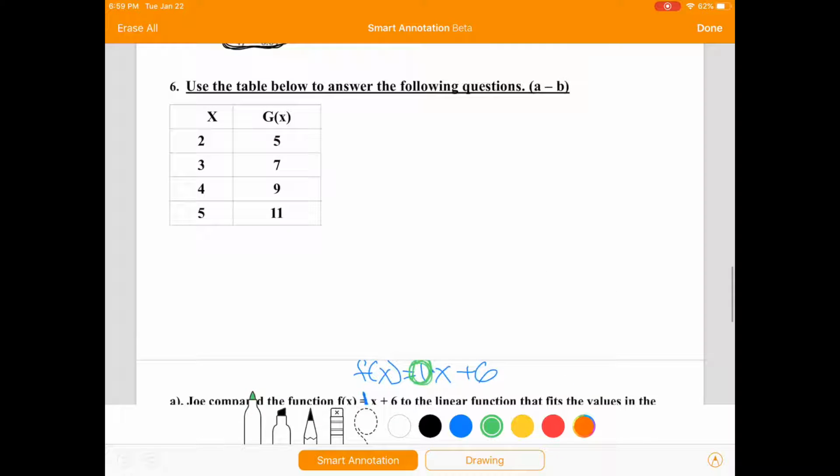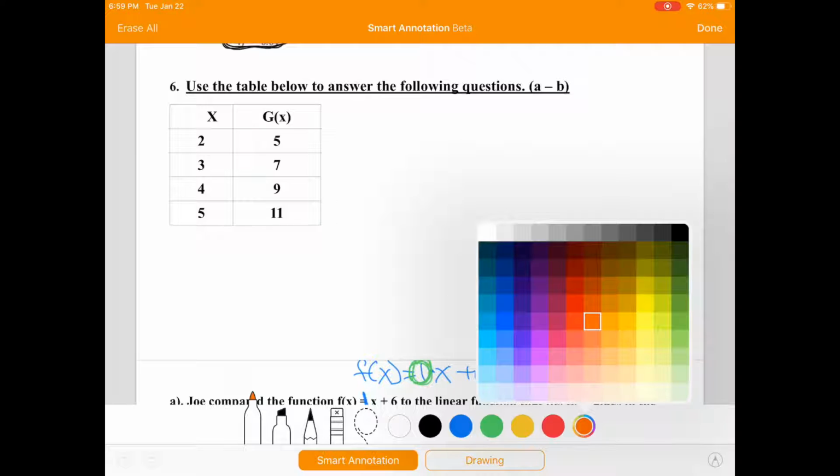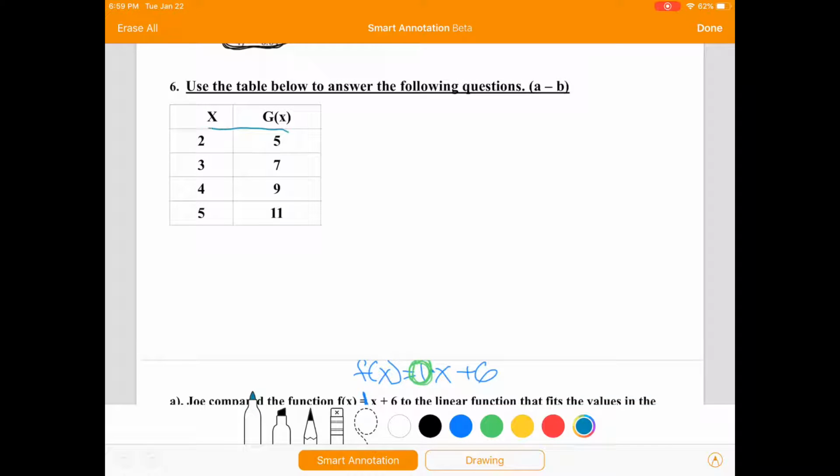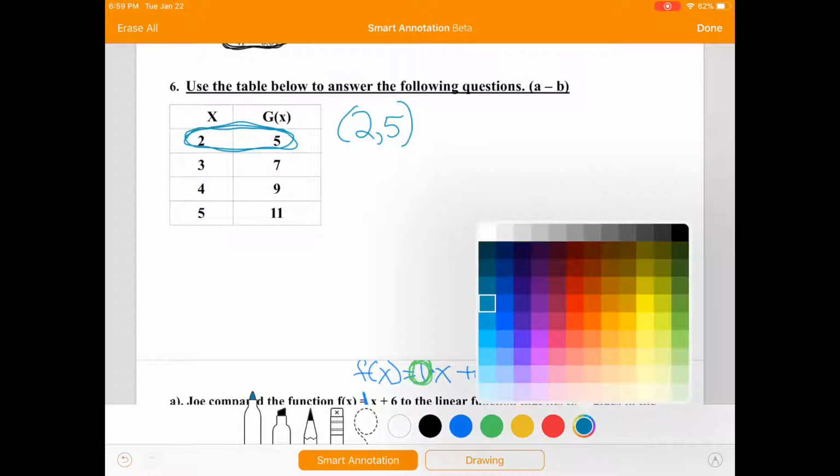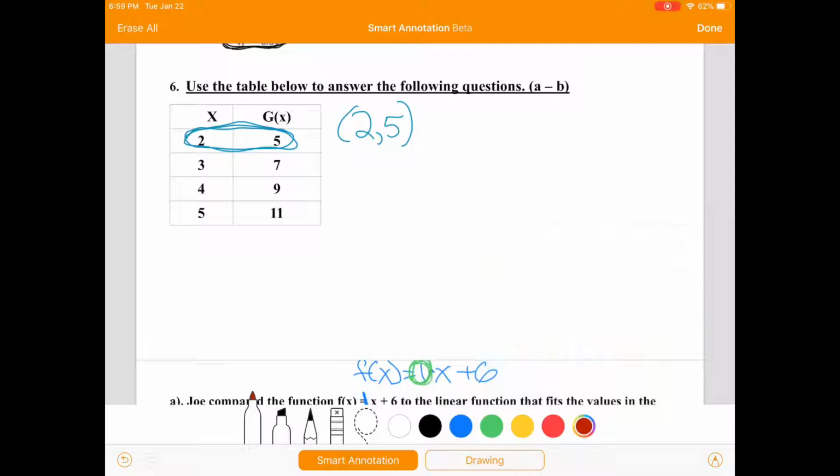Now for our table, we've got to find our slope. So we've got 2, 5, and then we've got 3, 7.